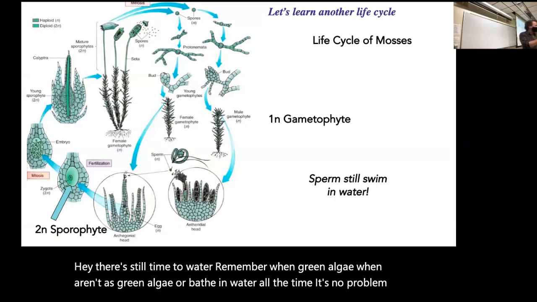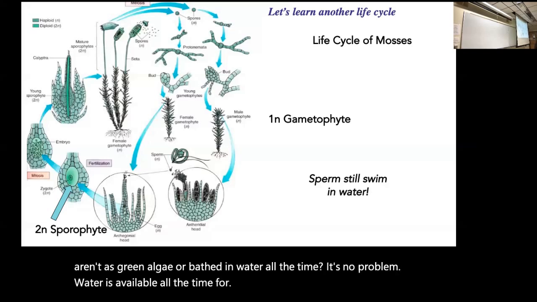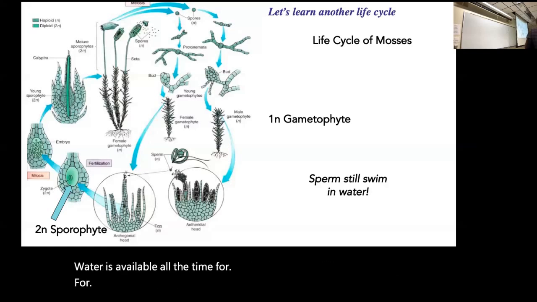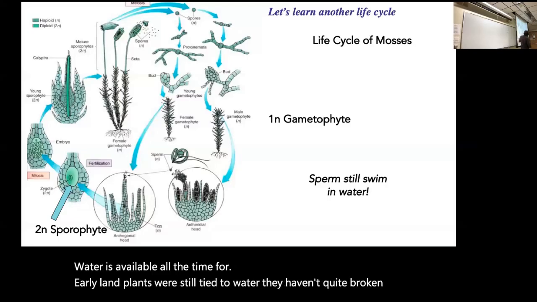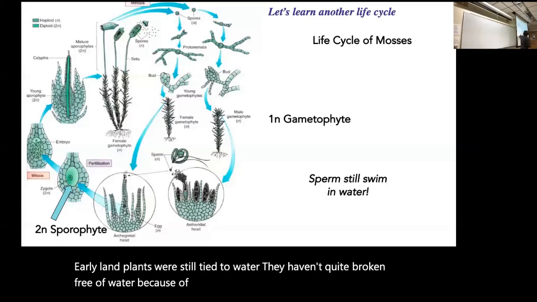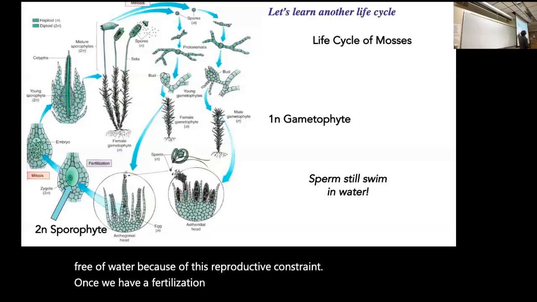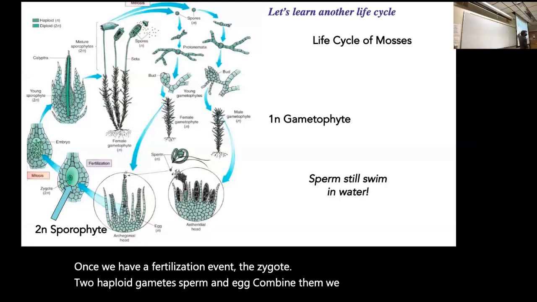Water is available all the time for sperm to swim. Now, in these early land plants, they're still tied to water. They haven't quite broken free of water because of this reproductive constraint. Once we have a fertilization event, the zygote, two haploid gametes, sperm and egg, combine to get a diploid zygote.